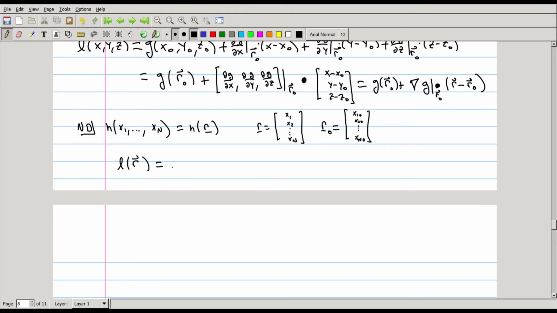We say that it's the value of the function, in this case h, at the point r0 in n-dimensional space, plus the gradient of h at the point r0, vector dot product with the vector r minus r0. So this is really cool.